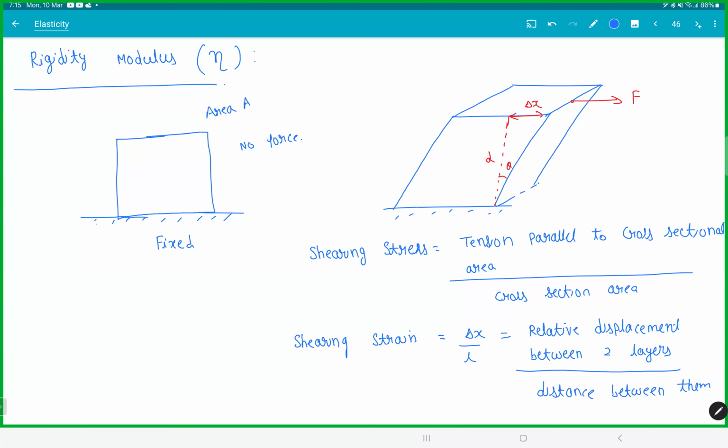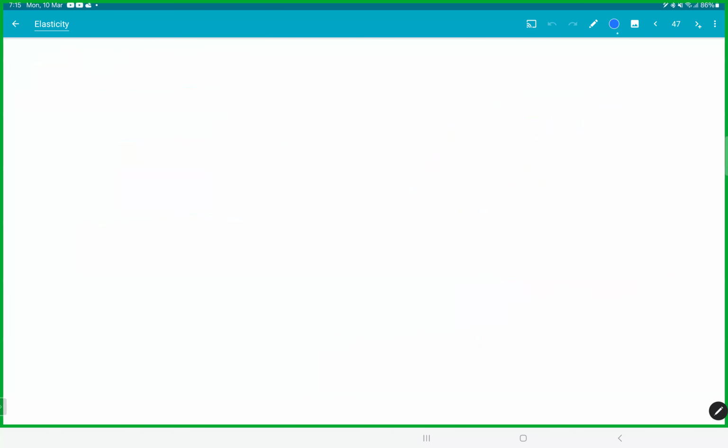If you combine these two, we get the rigidity modulus, which is shearing stress by shearing strain.